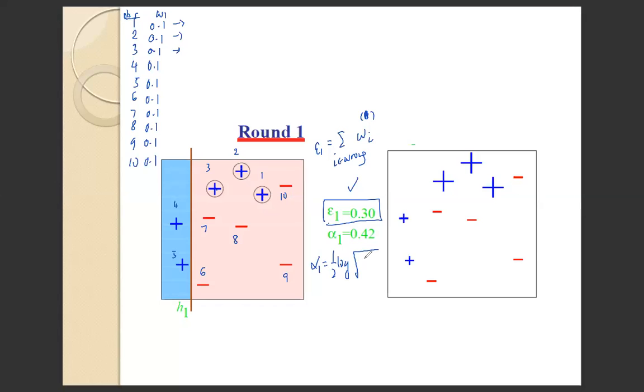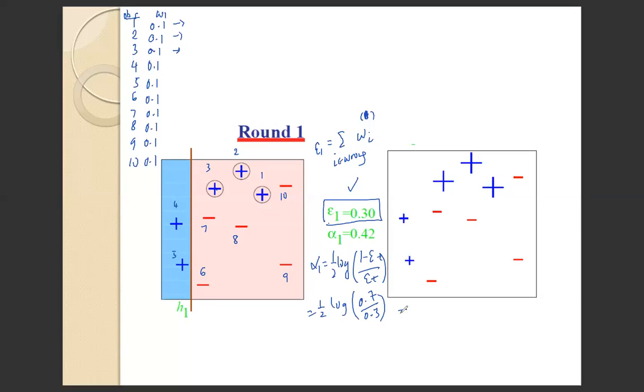Can somebody quickly refresh me? Okay, never mind. It's 1 minus epsilon t over epsilon t, right? So this is 1/2 log of 0.7 over 0.3.